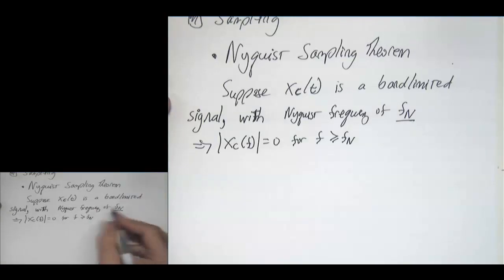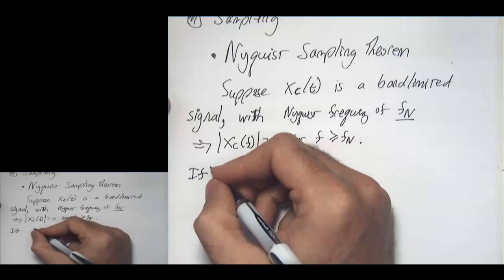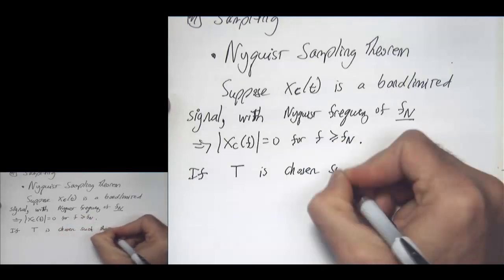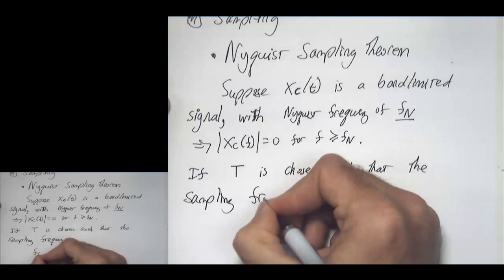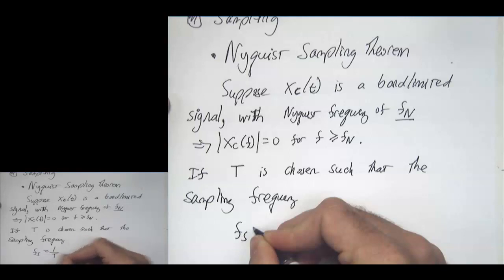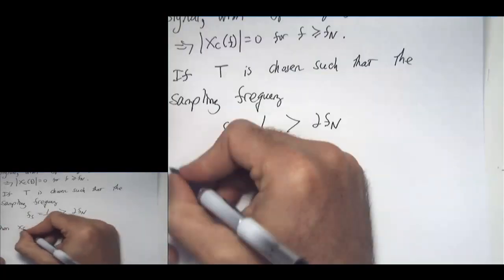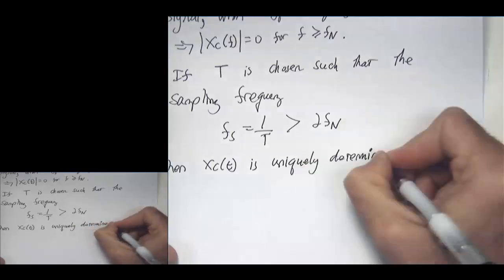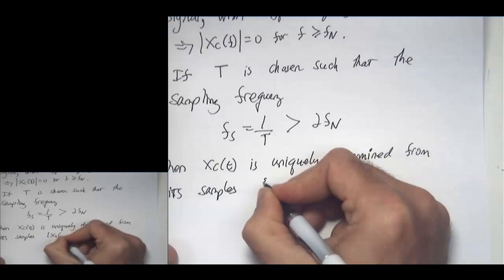So then, if T is chosen such that the sampling frequency f sub s, which is 1 over T, is greater than 2 f sub n, then x sub c of t is uniquely determined from its samples x sub c of nT.